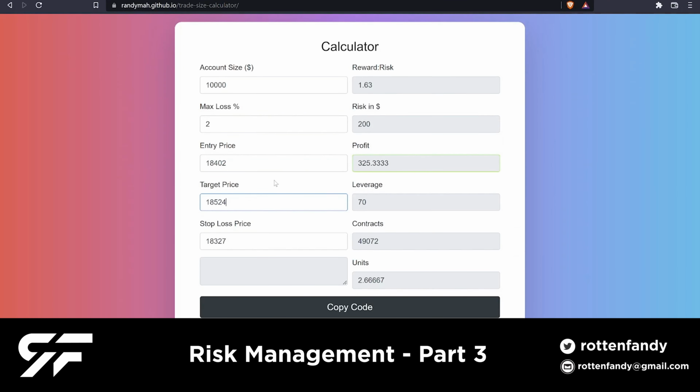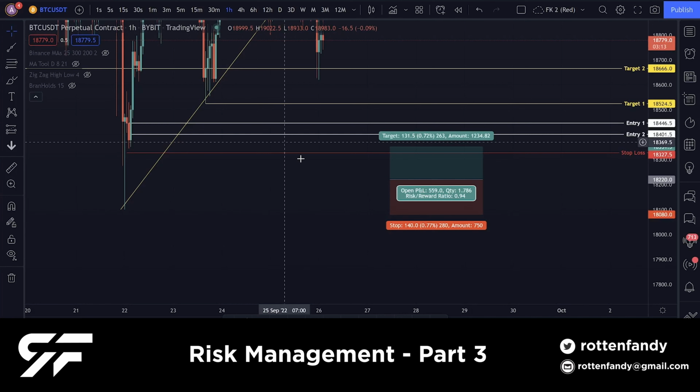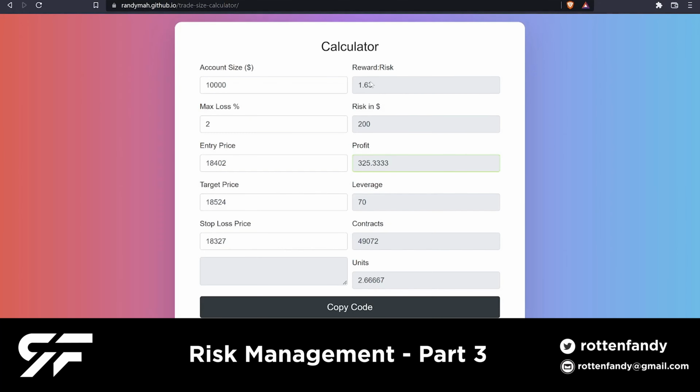So if I'm gonna do with 524, and this is where my stop loss is, right below the leg, right? In this case, worst case scenario, I walk away with 200 less dollars in my account, right? So it'll be 9,800, right? Best case scenario, I walk away with this profit.